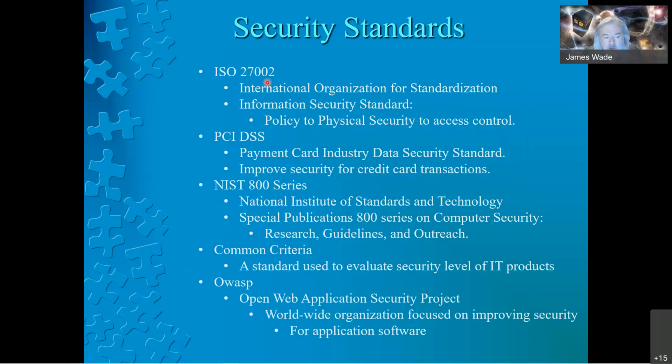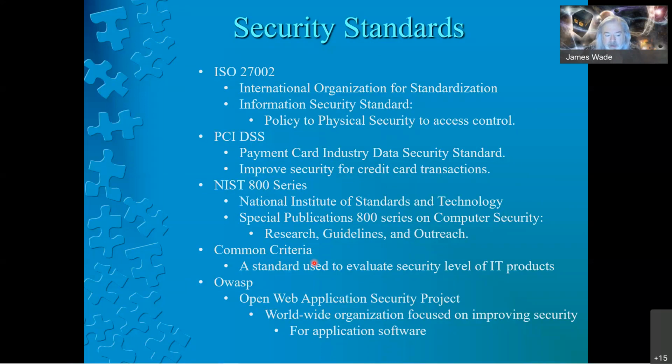ISO 27002, the International Organization for Standardization, has information security standards from policy to physical access control. The Payment Card Industry has the PCI DSS standards. NIST 800, the National Institute of Standards and Technology, well, they have the 800 series for computer security.